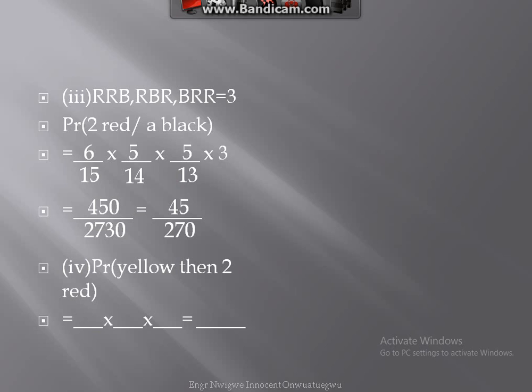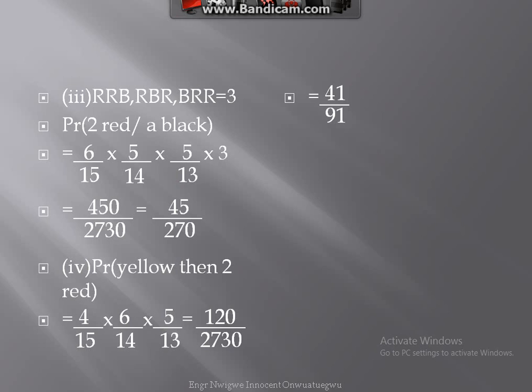We now have 4 over 15 times. We now start picking the 2 red, which is 6 over 14, because we have removed 1. We remove 1 for red again. We now will have 5 over 13, which equals 120 over 2730, which gives us 4 over 91.